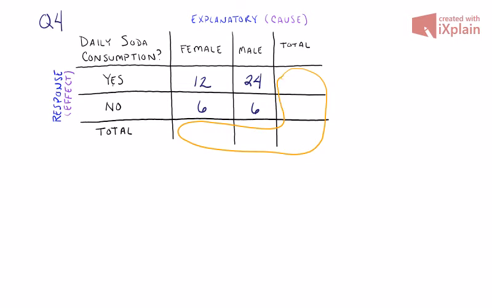What you're seeing here on the outskirts are just the totals. For example, if I want to know the total for the row for yes, I would add up the 12 and the 24, and that's going to give me 36. I'll actually write this on the side.